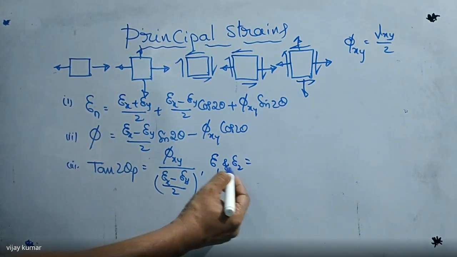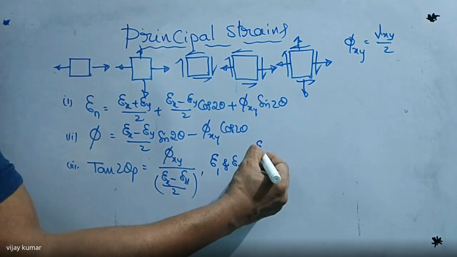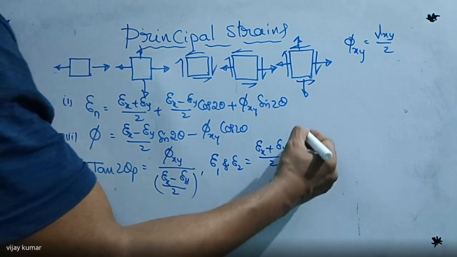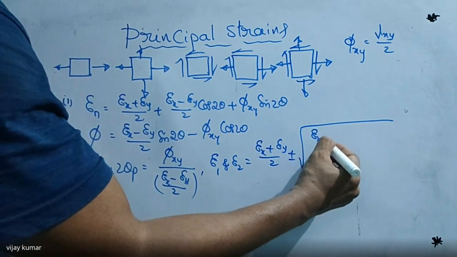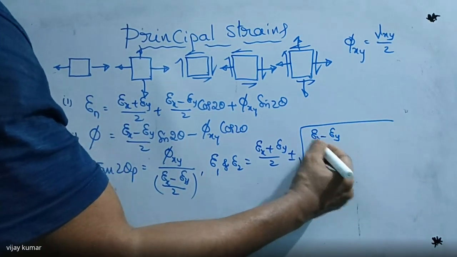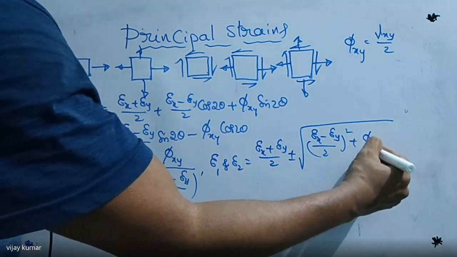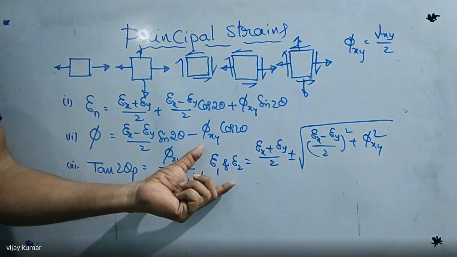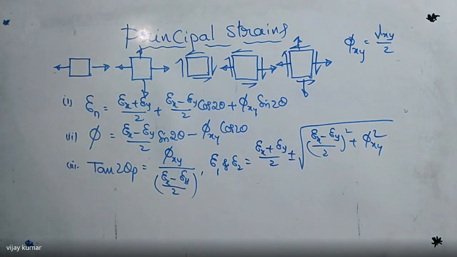So these are the principal strains. We can write here epsilon x plus epsilon y divided by 2 plus or minus square root of epsilon x minus epsilon y divided by 2 whole square plus phi xy whole square. Those are the formulas for principal strains here.